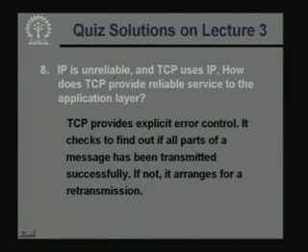Well, IP is unreliable and TCP uses IP. How does TCP provide reliable service to the application layer? It is true that IP is unreliable and datagram delivery is not guaranteed, but TCP explicitly provides error control.